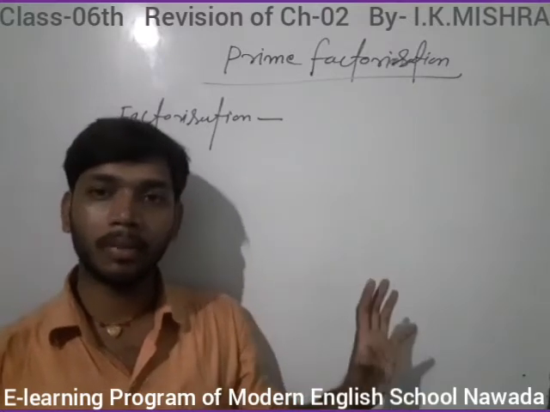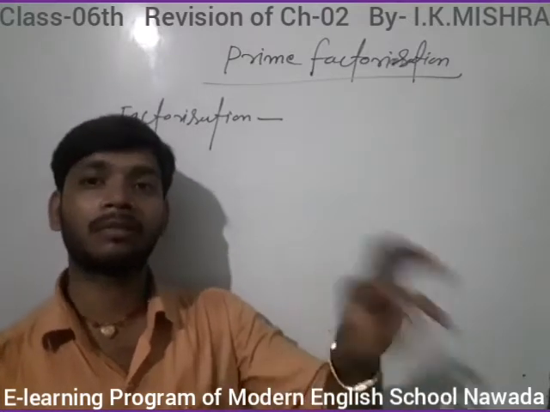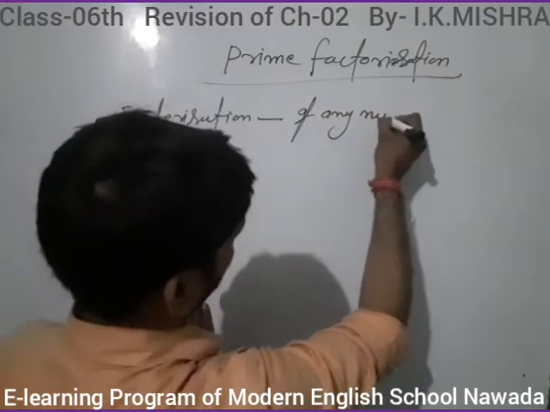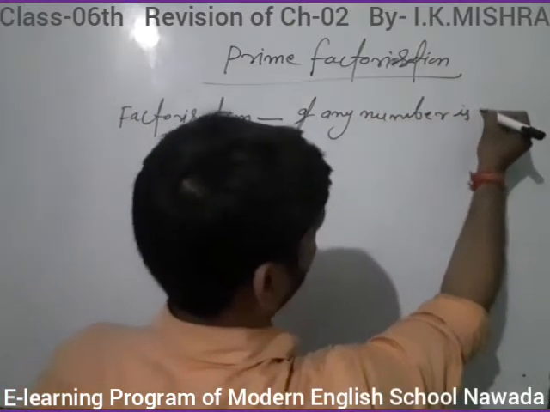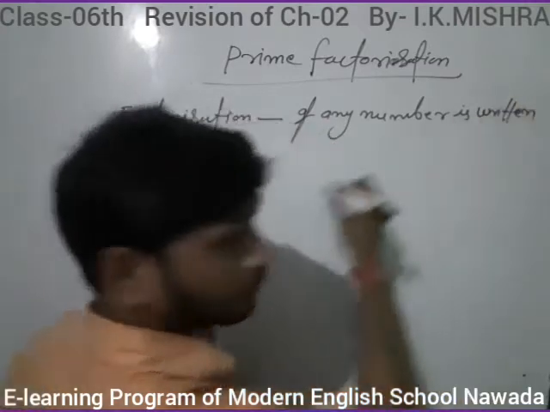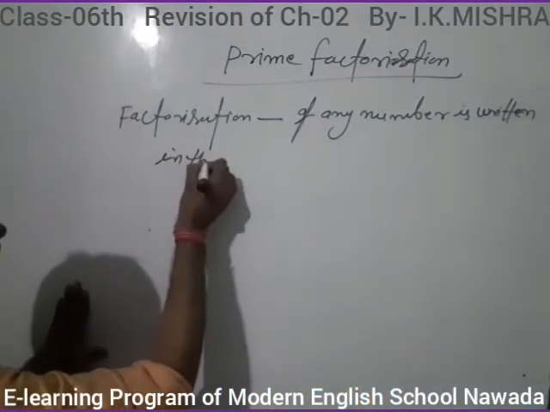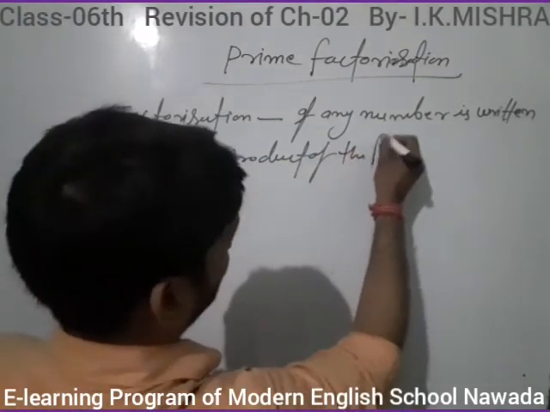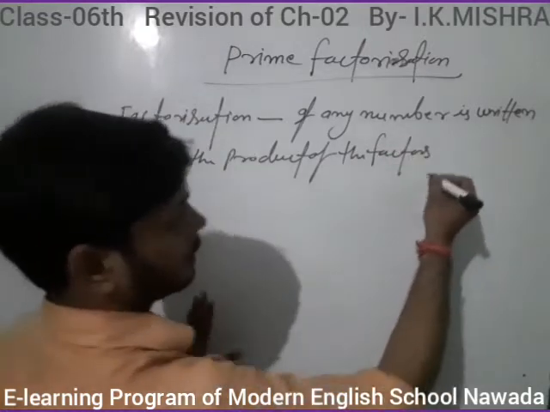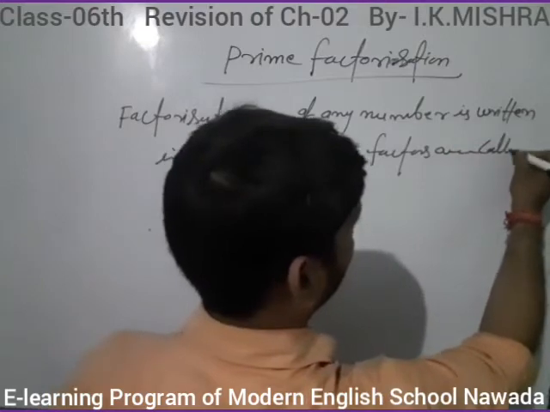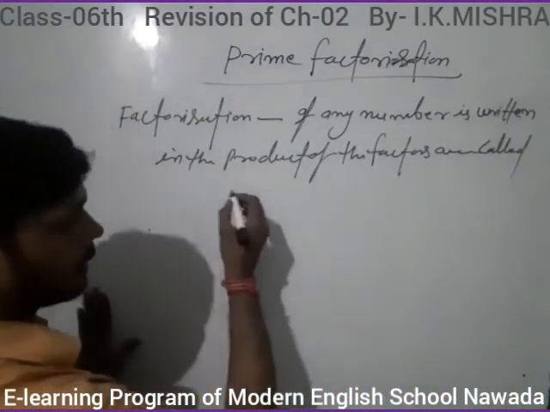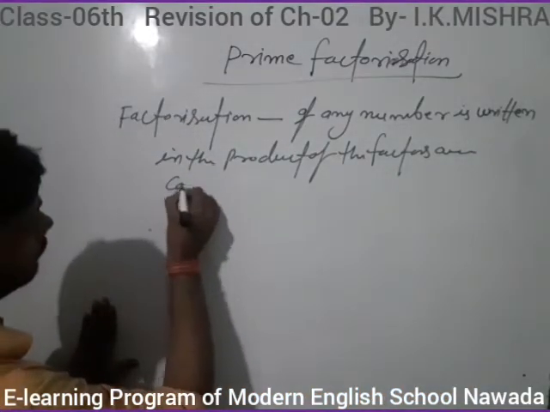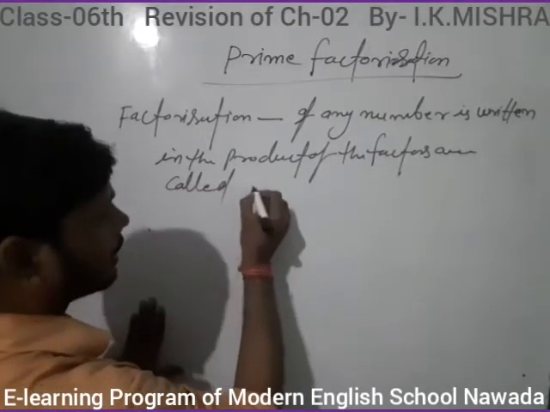If any number is written as the product of its factors, the process is called factorization.